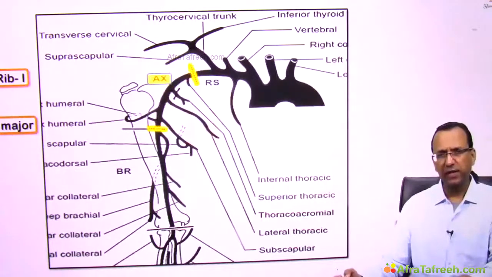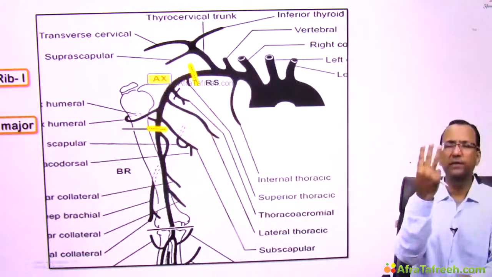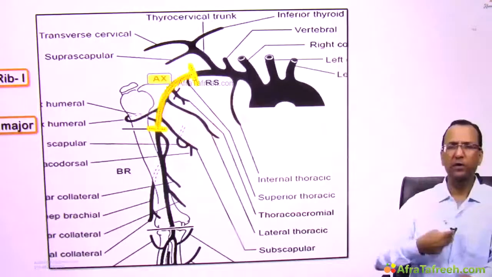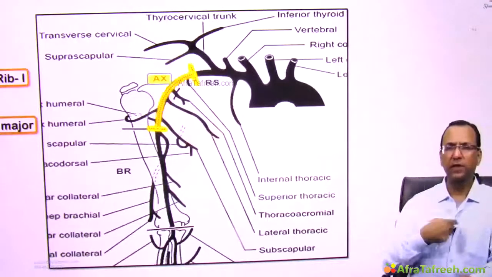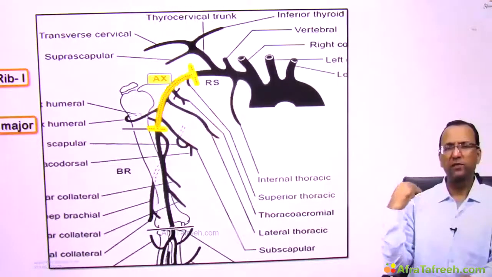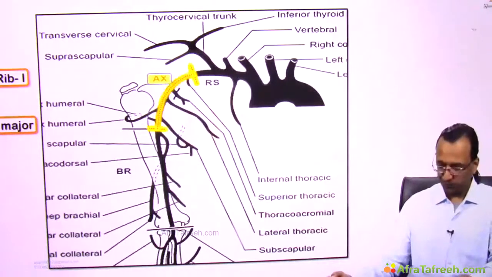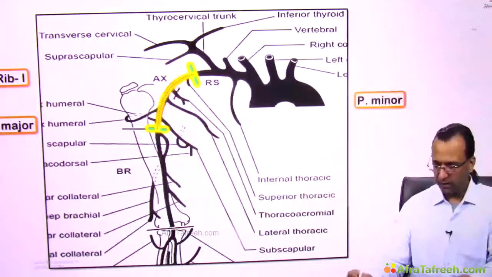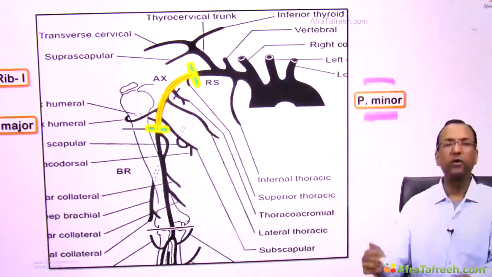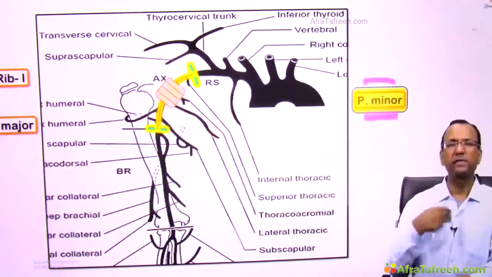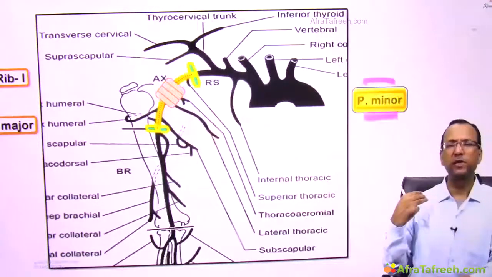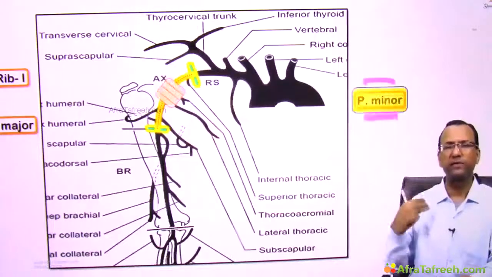It is in the axilla, and it has three parts divided by a muscle called pectoralis minor, attaching to the superior surface of the coracoid process. Pectoralis minor is in the pectoral region. Ribs 3, 4, 5 are the origin, and the insertion is the superior surface of the coracoid process of the scapula.